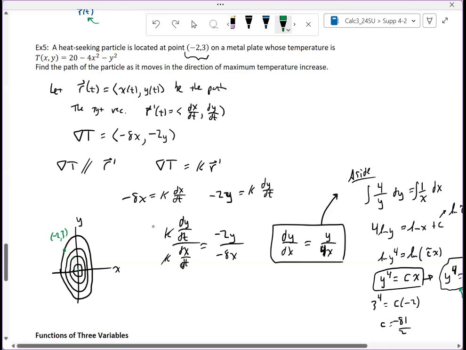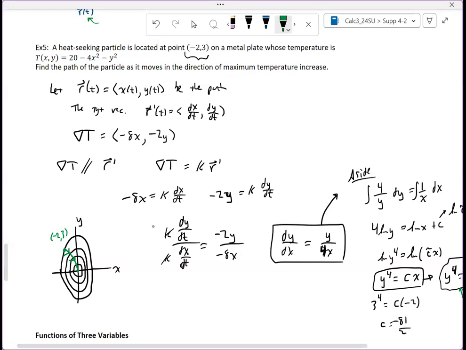We're going to be coming into the origin along a parabolic curve. And we kind of see, I mean, it's not a perfect picture, but we kind of see that each time we intersect a level curve, it looks like it's at about 90 degrees. And that's what we would expect. We're heading in this direction, going towards the highest temperature.